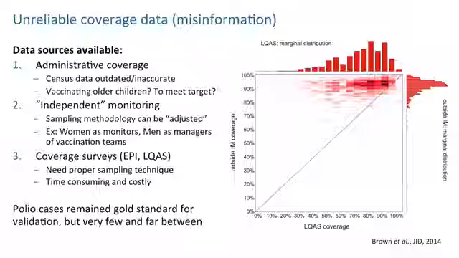In this case, you can see a very strong bias: the previous method consistently reports greater than 90% coverage, which is a programmatic target, fairly independently of what the actual coverage is, and I'm going to use LQAS coverage as a better measure here. So there's relatively little information in what was collected before compared to this new method.